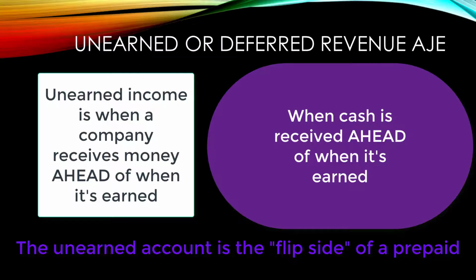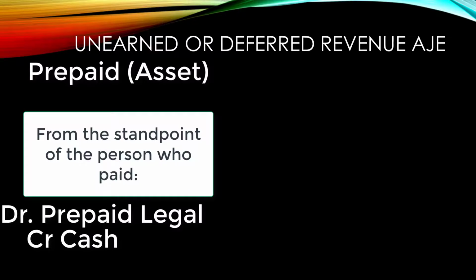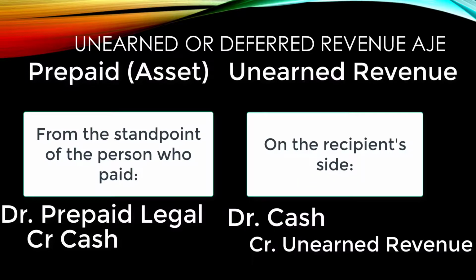We talked about this in class. For example, if I pay ahead of time for attorney services and I give my attorney a retainer, I would have a debit to prepaid legal fees on my books. But when the attorney receives the money ahead of when any work is performed, he would have an unearned or deferred revenue on his books.